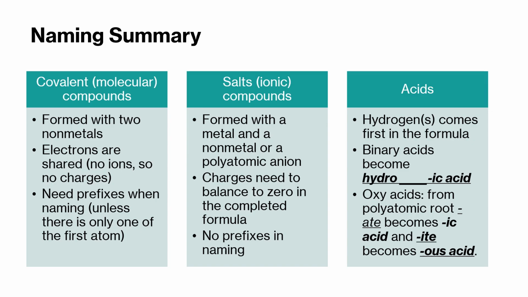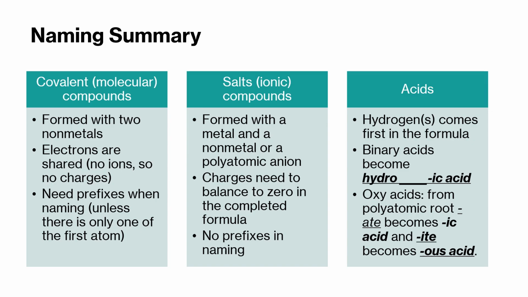Ionic compounds are a metal and a nonmetal, or a metal and a polyatomic ion. You will need to be able to differentiate a molecular and ionic compound from an acid. The charges need to be 0 overall within the completed formula, and there are no prefixes used within the naming here.